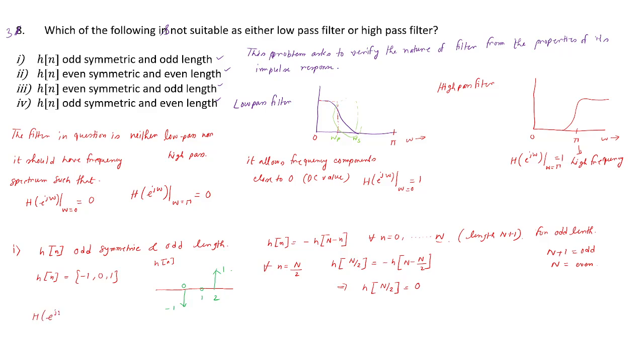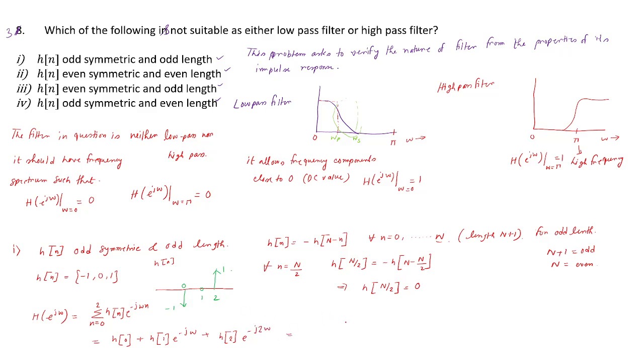H(e^jω), the z transform, where n runs from 0 to 2, h[n] e to the power minus jωn, is equal to h[0] plus h[1] e to the power minus jω plus h[2] e to the power minus j2ω.